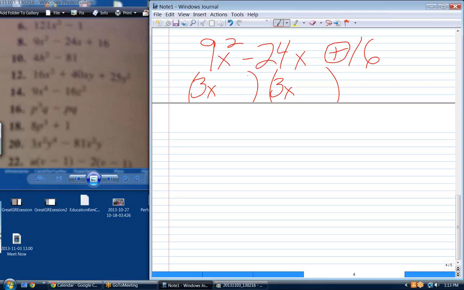Both negative. Factors of 16. Yeah. 16 and 1, 8 and 2, 4 and 4. Does that work? Yes, it does. Okay.